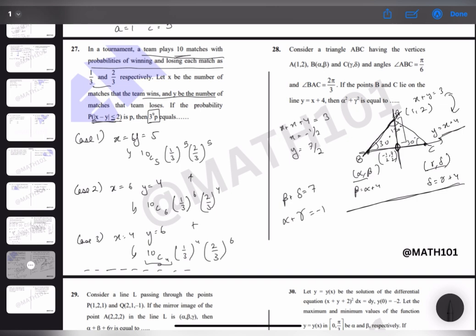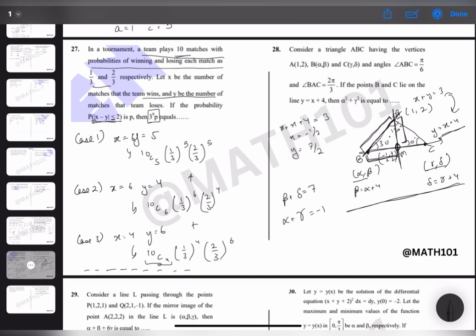We have this length, so we will find this length and we'll have these points exactly.